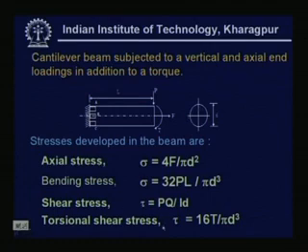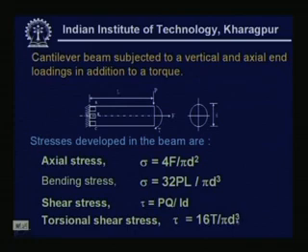And torsional shear stress was Tr by Ip. If you substitute the values of r and Ip, you get an expression of the shear stress as 16T by pi d cube.